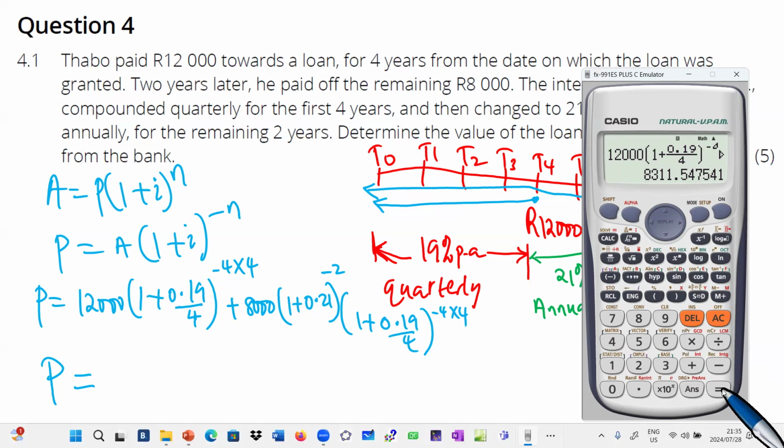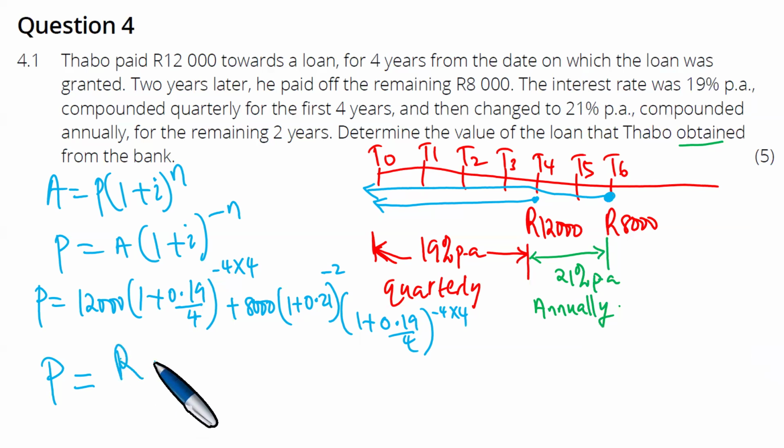So you have exactly that, which is 8,311 and 55 cents, which is exactly 8,311 and 55 cents. Any question on this one so far?